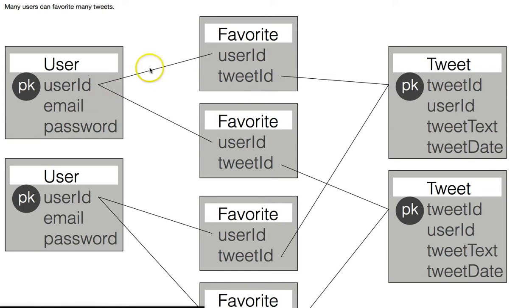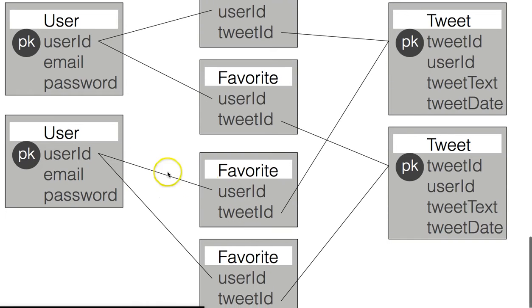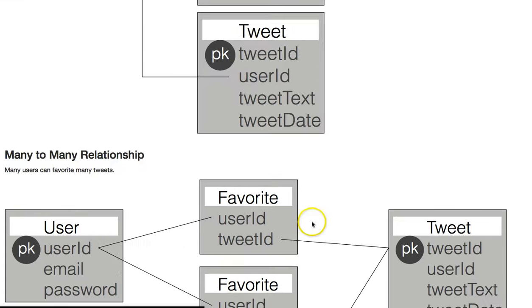So as you can see, this user has two favorites, and those favorites are associated with these tweets over here. And this user has the same thing. Favorite, and another favorite that goes with both these two tweets. So many users can favorite many tweets.